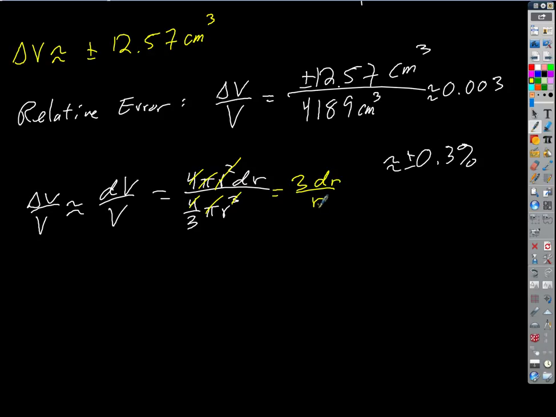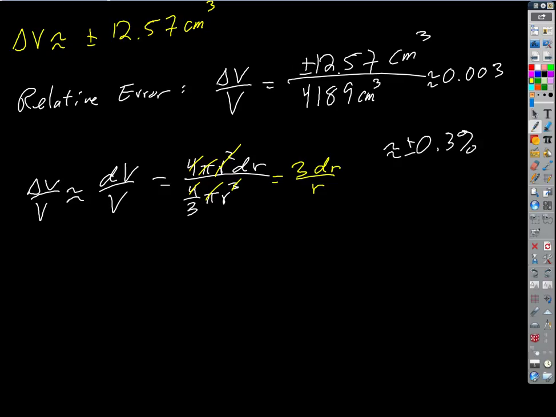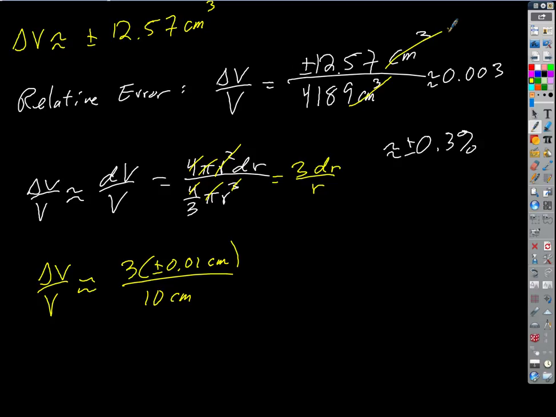So what did we say? We said we want these things to have a radius of 10 centimeters plus or minus 0.01 centimeters. 0.1 or 0.001? What was it? 0.1. Okay, so then our relative error is about equal to 3 times plus or minus 0.01 centimeters divided by 10 centimeters. Oh yeah, and by the way, what happened to the units when we calculated relative error? They canceled there and there.